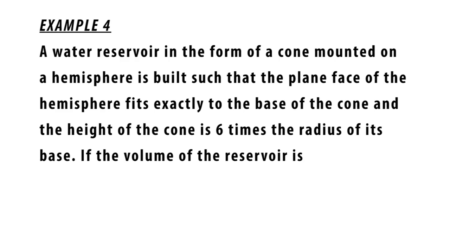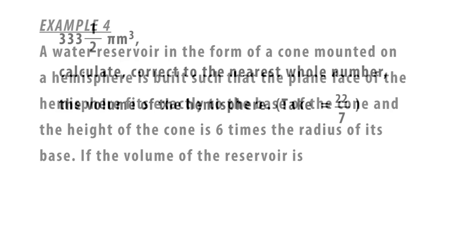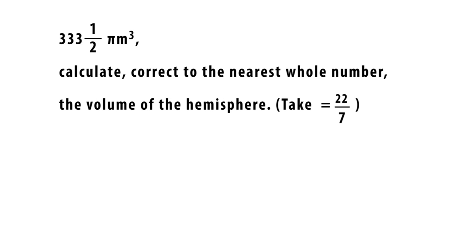If the volume of the reservoir is 333 1/3 pi meters cubed, calculate, correct to the nearest whole number, the volume of the hemisphere. Again, we are to take pi to be 22 divided by 7.